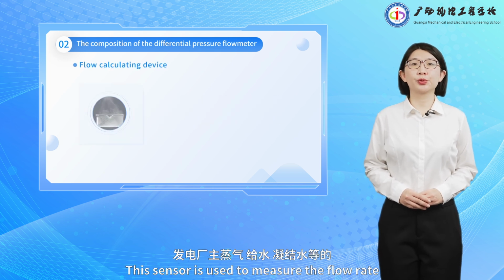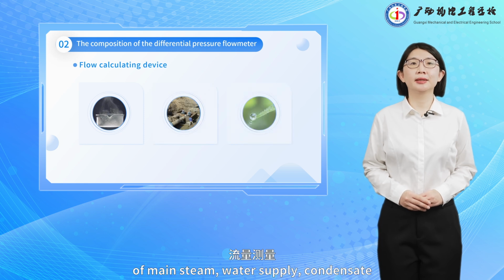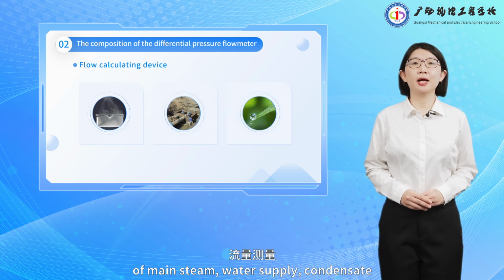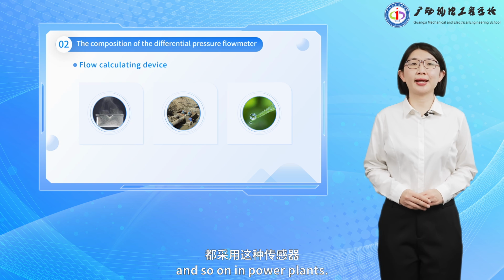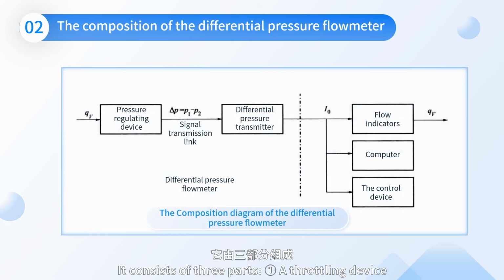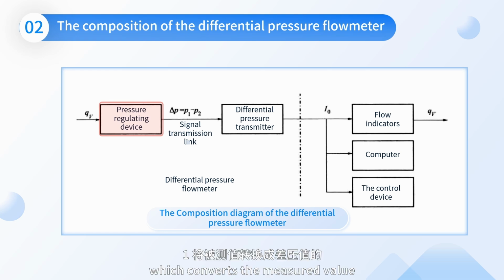This sensor is used to measure the flow rate of main steam, water supply, condensate, and so on in power plants. It consists of three parts: 1. A throttling device which converts the measured value into differential pressure value. 2. Signal transmission link. 3.